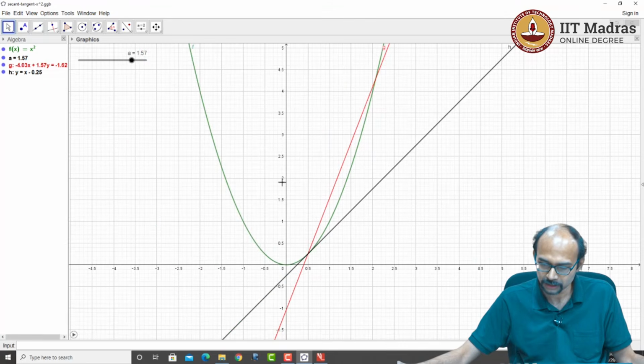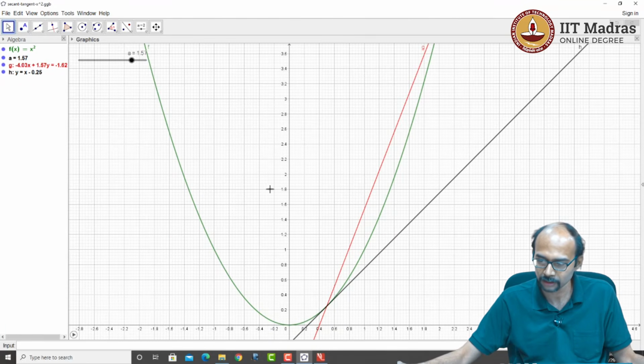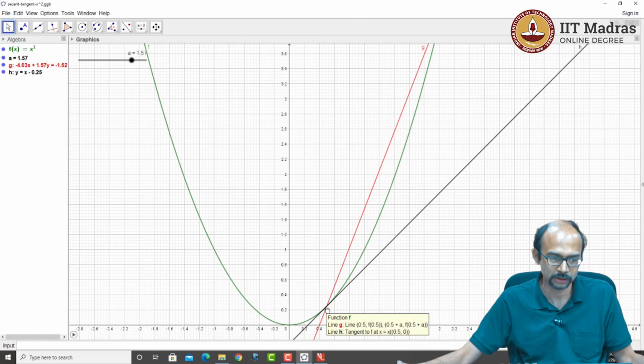The green curve is f of x equals x squared, and at the point 0.5, f of that is 0.25, because 0.5 squared is 0.25. So this is the point 0.5 comma 0.25, and we are joining this point with neighboring points.